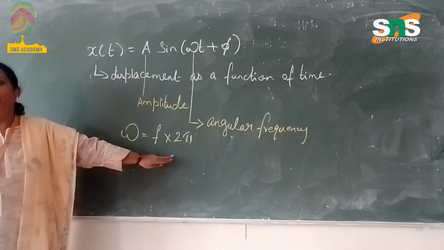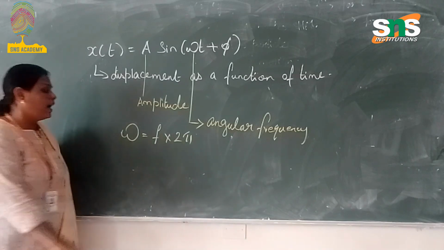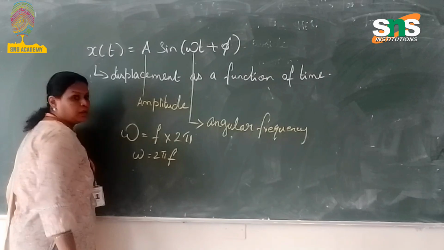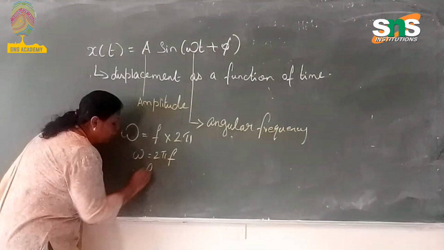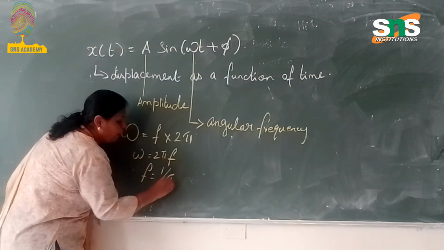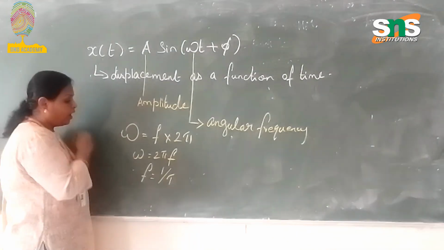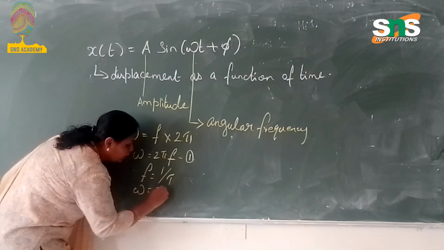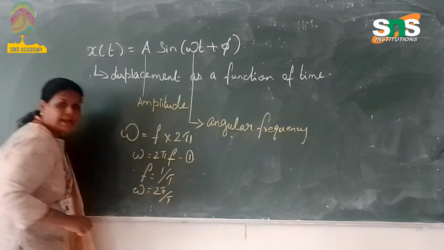I will get my angular frequency. So omega equals 2 pi f. Already we know frequency f is equal to 1 by time period. So re-altering this equation 1, omega equals 2 pi by T. Am I right?